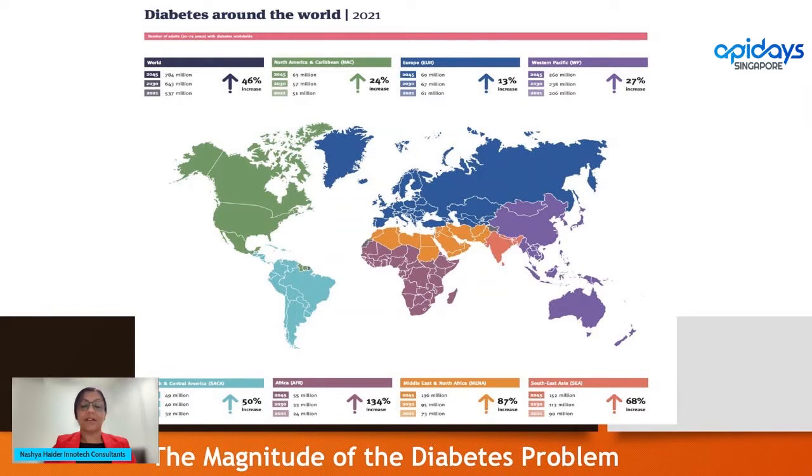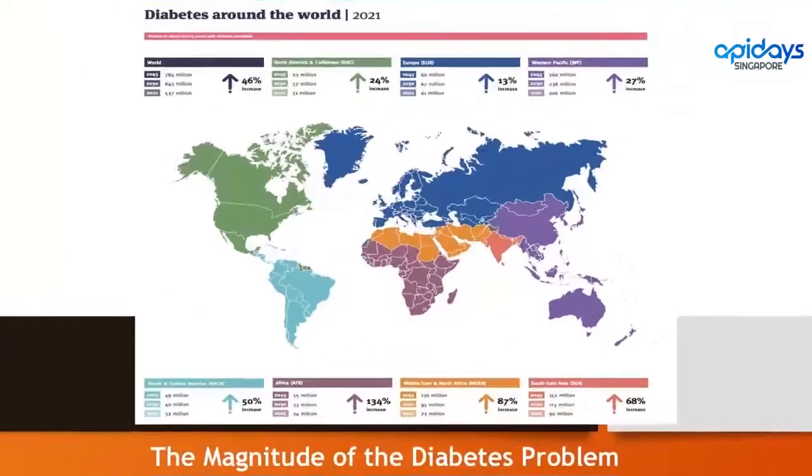This represents a 316% increase over the last 15 years. So it's a major, huge problem worldwide. And I feel that that's a cause of concern also in Singapore, and therefore I've focused on this topic for my discussion.